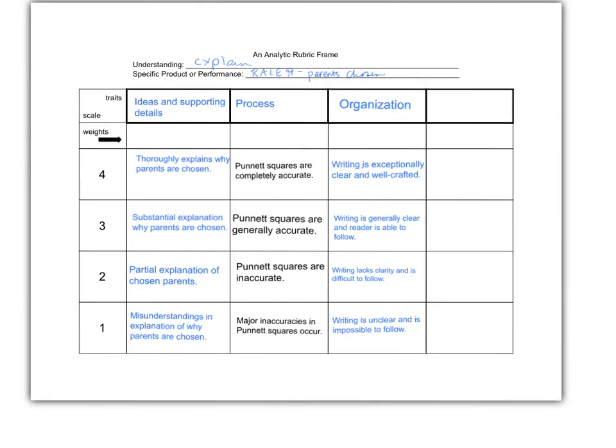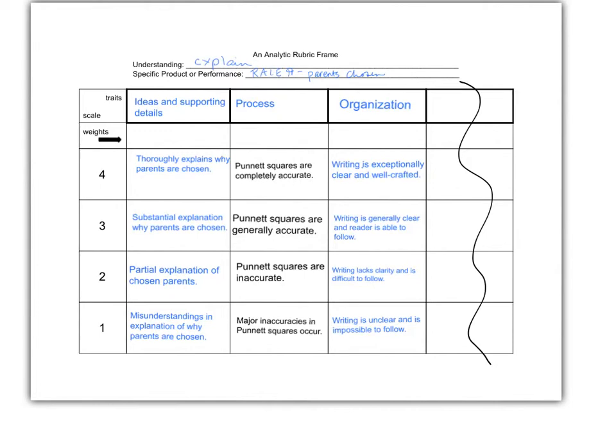Obviously, we are not using this column for this assignment. So now that I've gone through, I have words in each of these boxes. Maybe I feel like there are some things that I want to add. This would be a good time to go through and revise, add some additional information if you would like to. I'm going to leave it as is right now for the sake of our time.